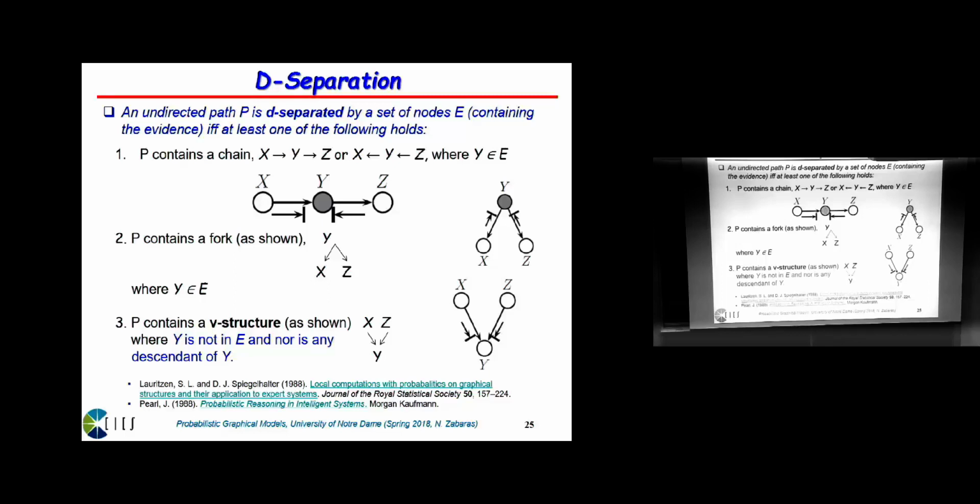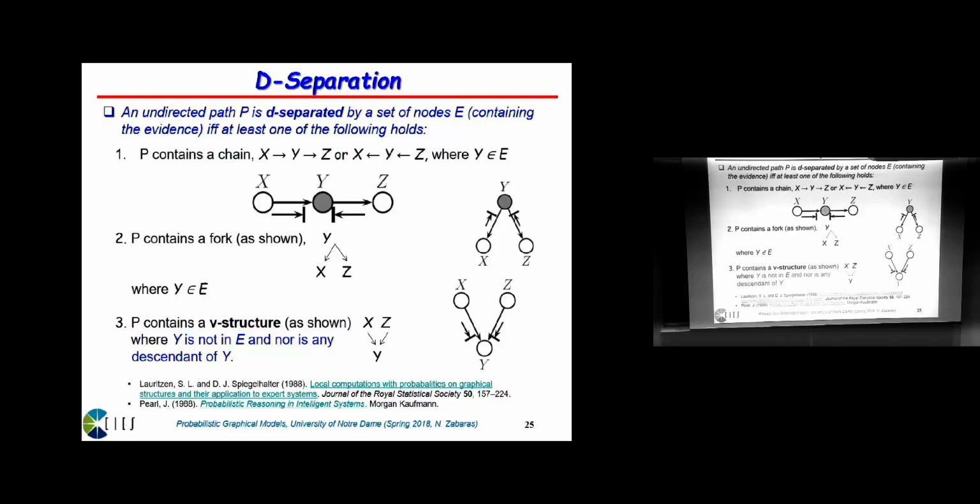Okay? Y is not observed. So basically, if Y is not observed, we will see in the coming slides that X and Z are... You remember when we did this example, what did we say for X and Z alone?